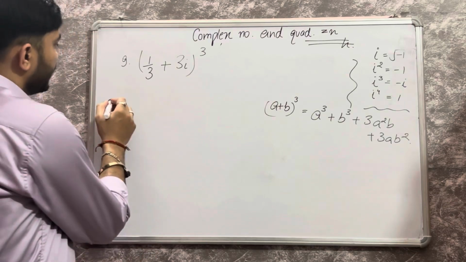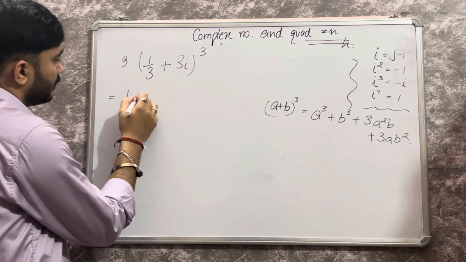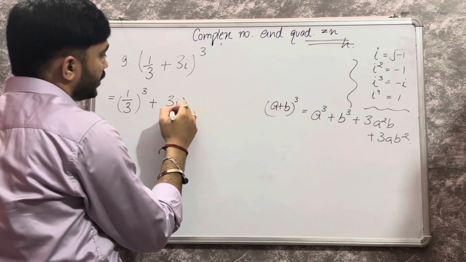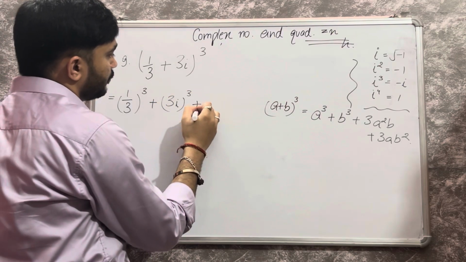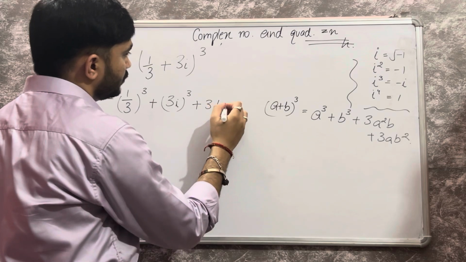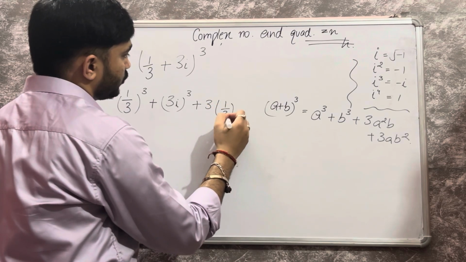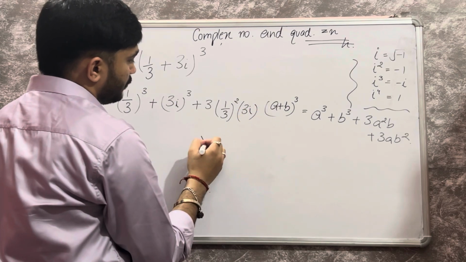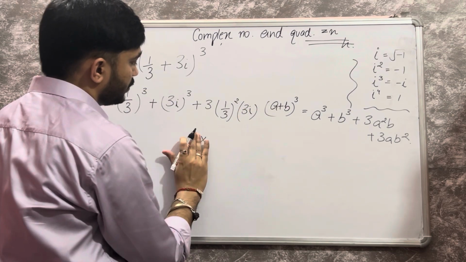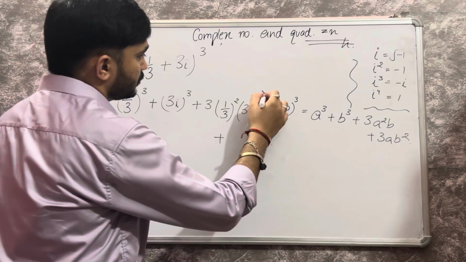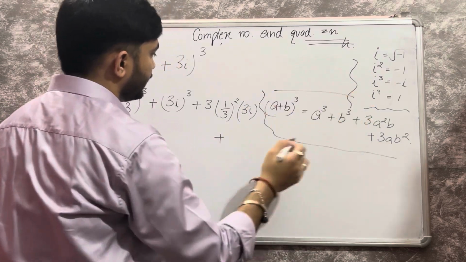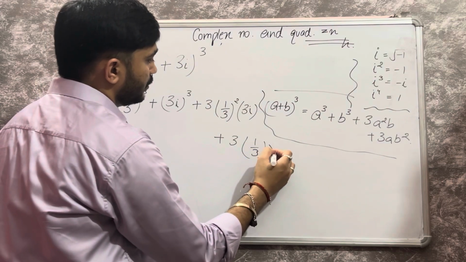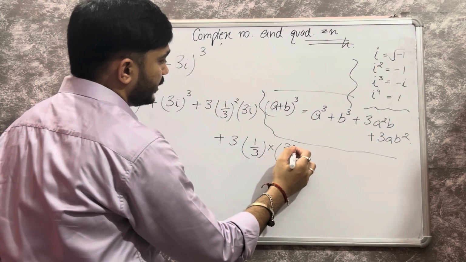Let us apply the formula here: (1/3)³ + (3i)³ plus 3 into a, that is (1/3)² into 3i, plus, the fourth term will be 3 into 1/3 multiplied by (3i)².